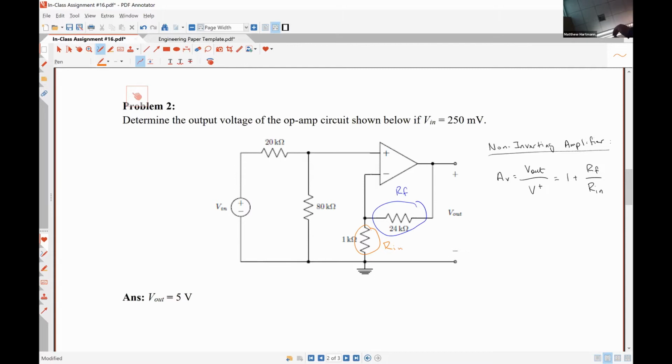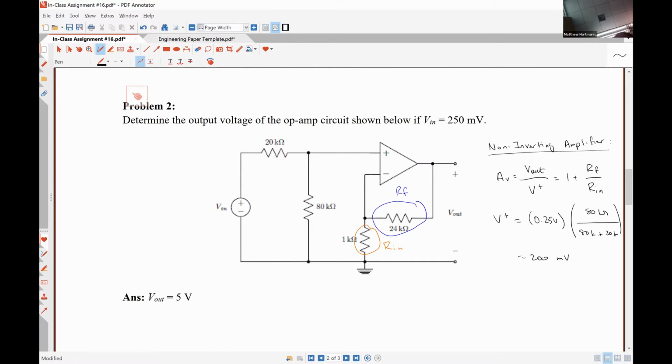Now we need to figure out how to find that voltage V plus, and we can do that by applying voltage division. So V plus is simply V in, 0.25 volts, times 80 kilo ohms over 80K plus 20K, which gives us 200 millivolts.